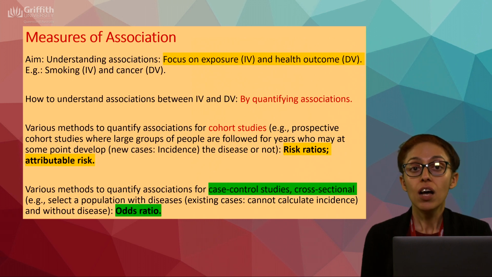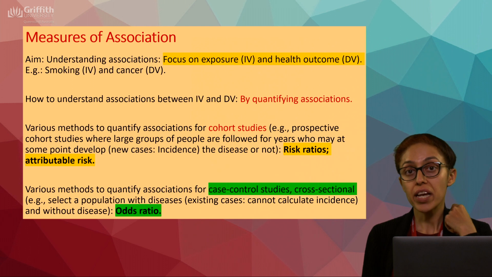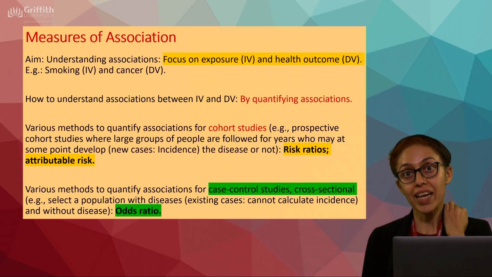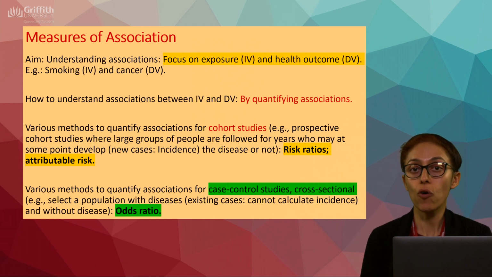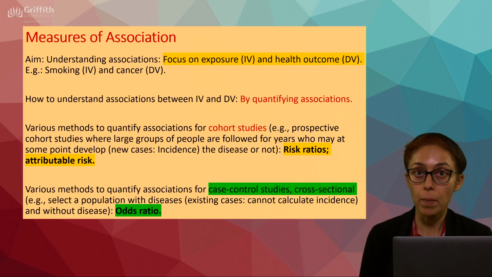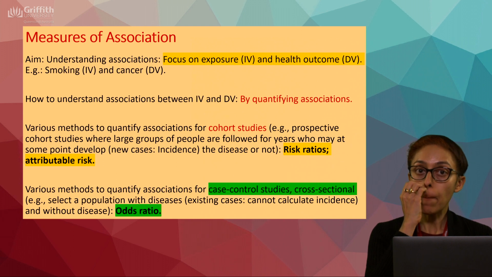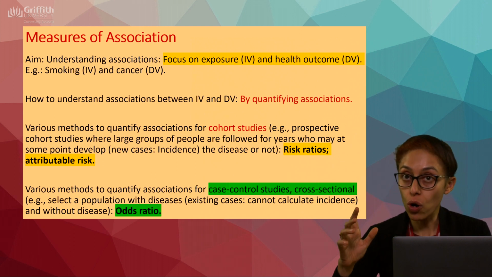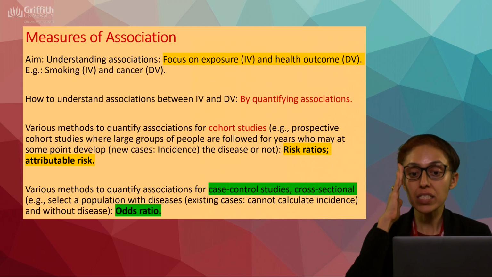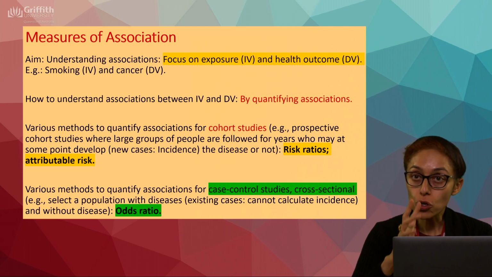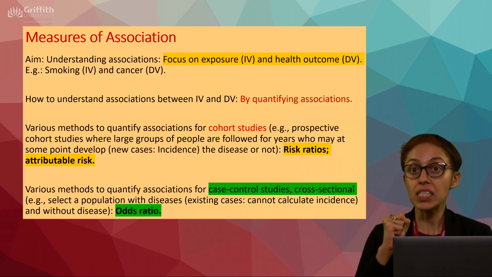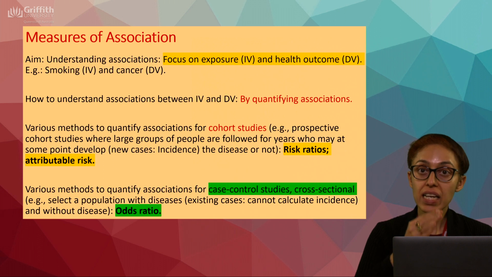Alright, and one more very important thing, guys, why don't we calculate risk ratios for cross-sectional studies and case control studies as well? Basically, guys, when you have prospective cohort studies, longitudinal studies, you can compute true incidence from these studies, because basically when do you calculate risk ratios?